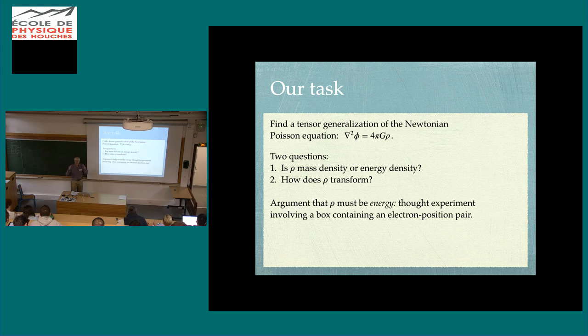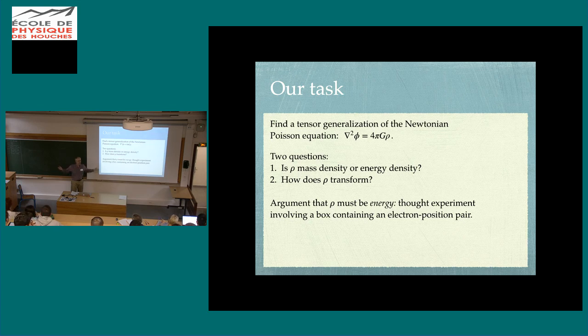But I want you to imagine a mirrored box that contains an electron and a positron, and they're bouncing around the box, and because the electron and positron have rest mass, there will be a rest mass density.